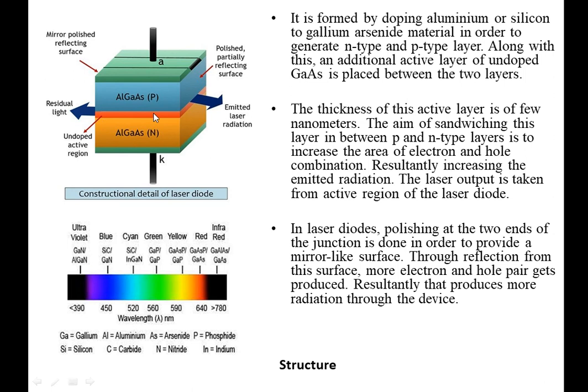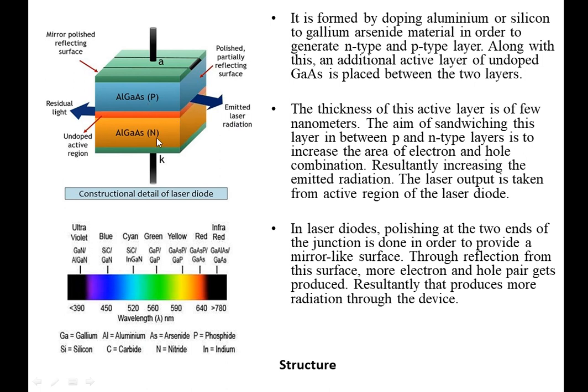In between, one undoped active region is there. This is very narrow, and here it will increase the emission, and the light will come out, emitted from here.